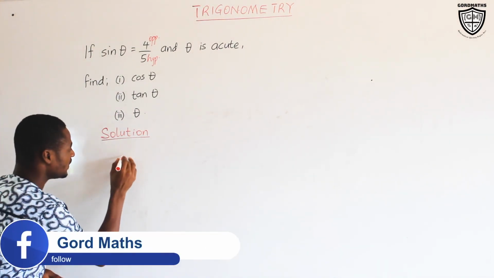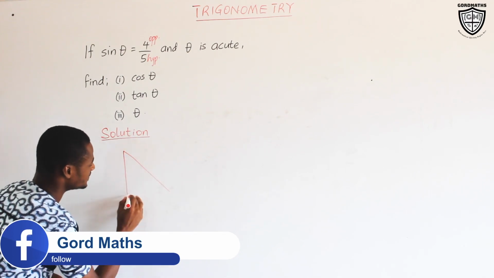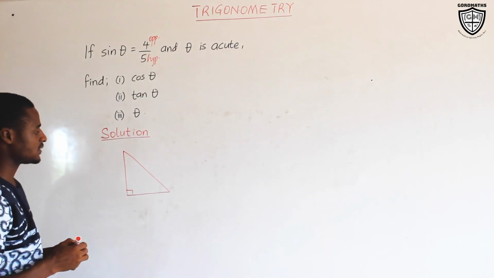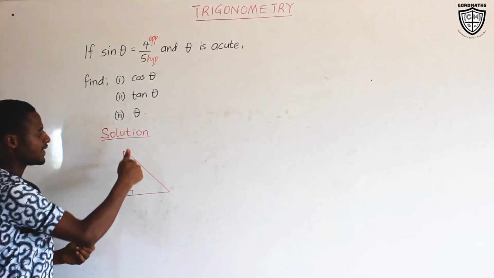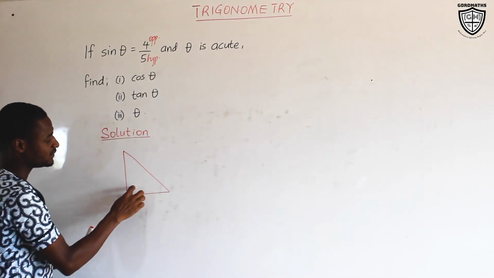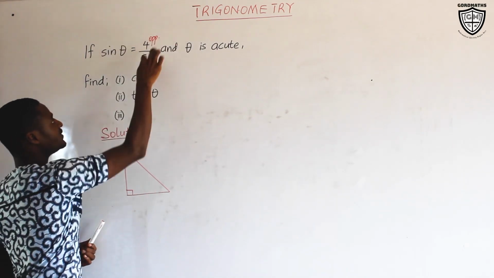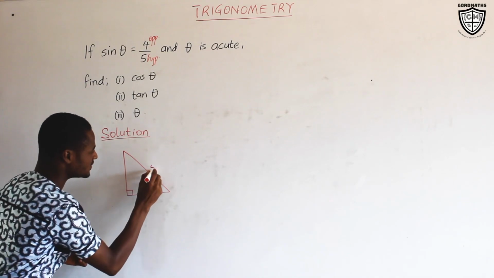Acute angles are less than 90 degrees. And so, if we draw this right angle triangle, where we have one of the angles to be 90 degrees, and the side facing the angle 90 degrees is called the hypotenuse, then from the question, the hypotenuse is 5.